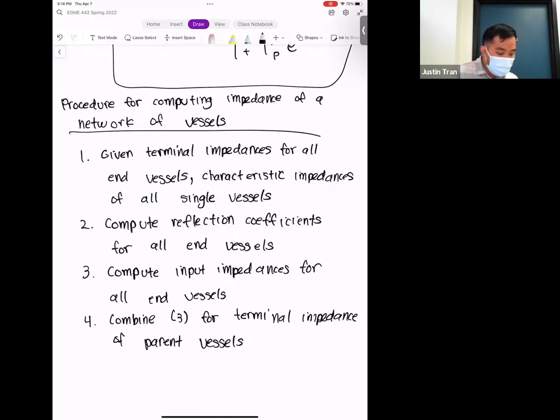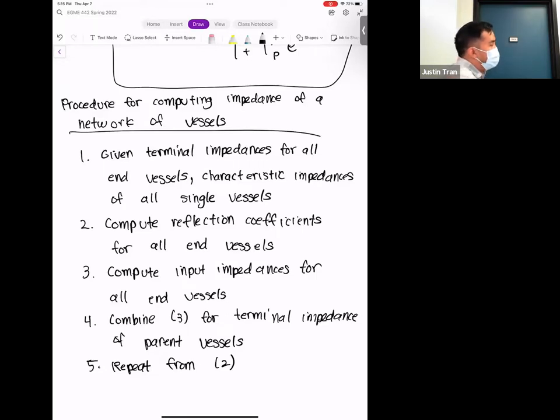Once you found the input impedances for all the daughter vessels, then you can combine them together to form the terminal impedance of all the parent vessels. And then once you know the terminal impedances of the parent vessels, you just repeat the process.